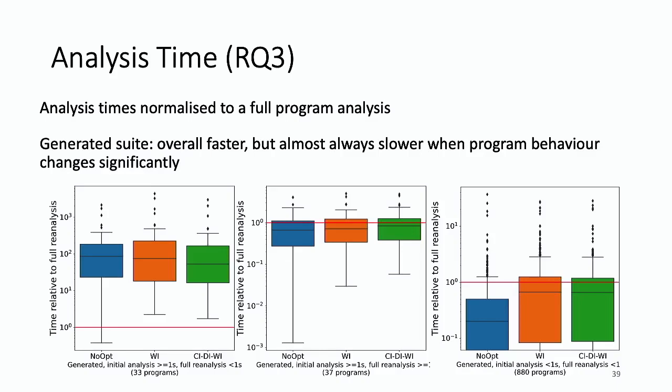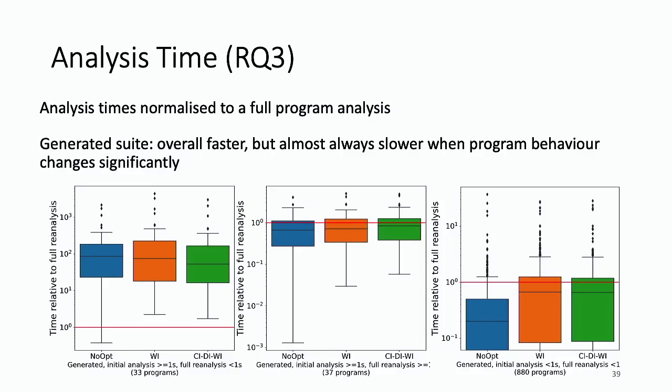And we discovered this by looking at the analysis time. When a full reanalysis of the updated program is a lot shorter, for example, than the full reanalysis of your initial program, then a lot has changed. And in these cases, you cannot expect an incremental analysis to perform well, which you can see on the graph on the left, where we have slowdowns of a factor 100, even to a factor 1000.